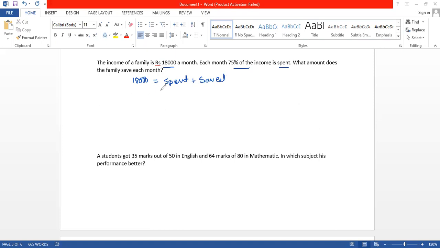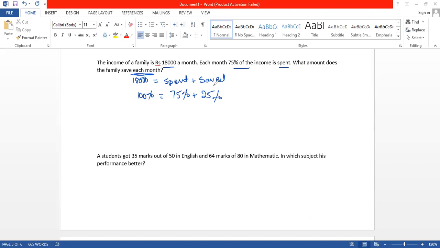Now this is telling you over here that 75% of the income is spent, 75%. I always told you that the sum, the whole always forms 100%. That means that the saved amount will be 25% to make it a complete 100%. And we need to find what amount is this saved each month.